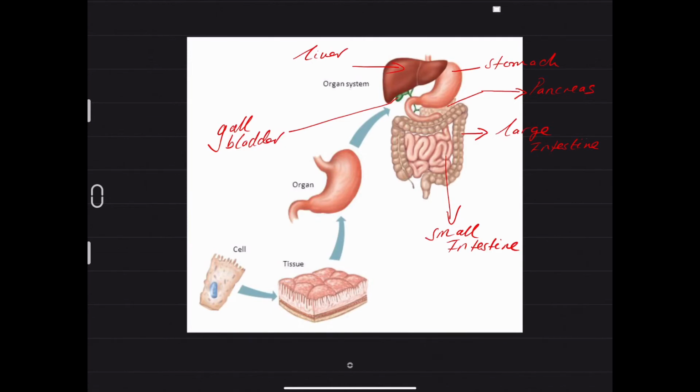Now, there is a tube that connects the stomach to the small intestine. This is called the duodenum. And I think we'll leave it there for now.